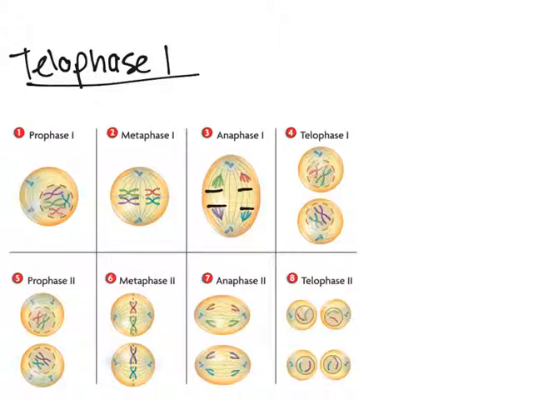And so in telophase I, the daughter cells have one initially duplicated chromosome from each homologous pair. And so remember, that means that this is 1N and this is 1N, which means that they are haploid.